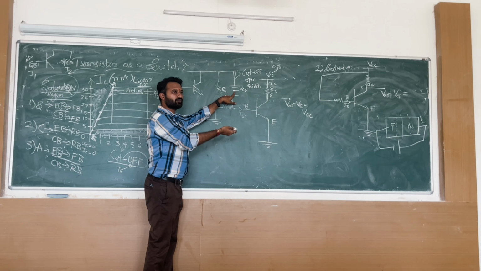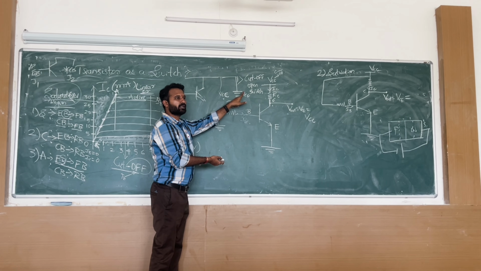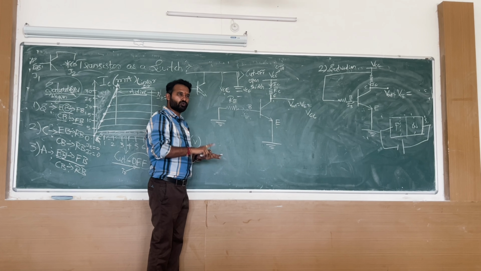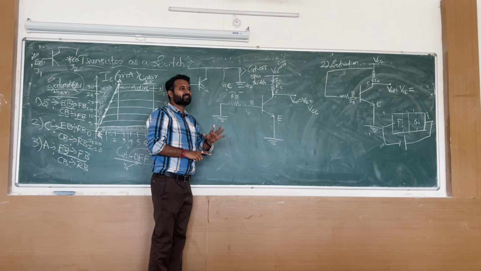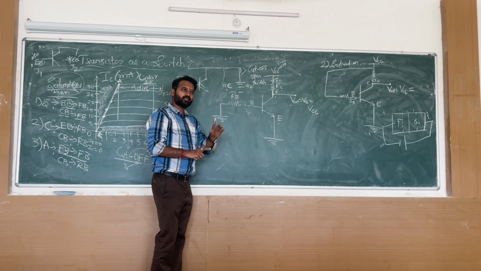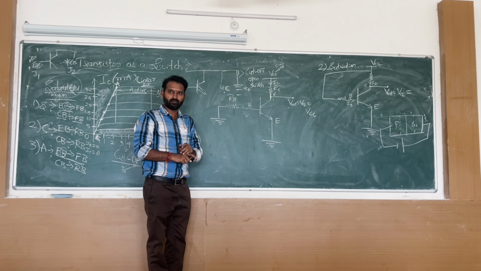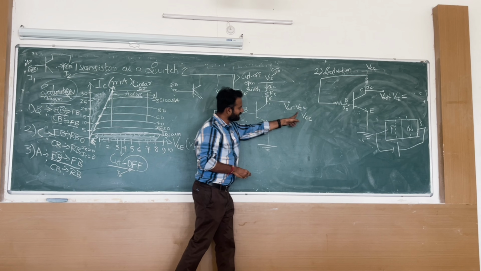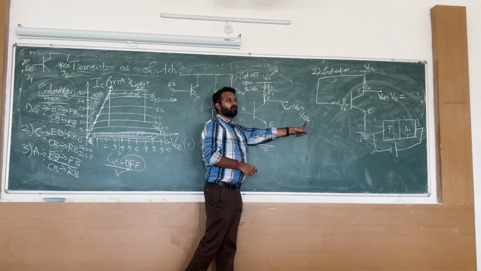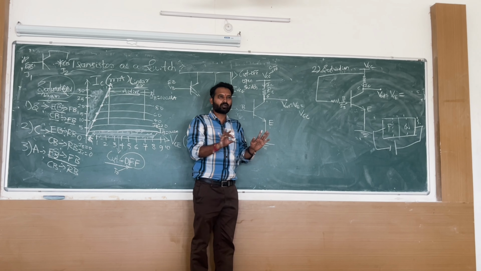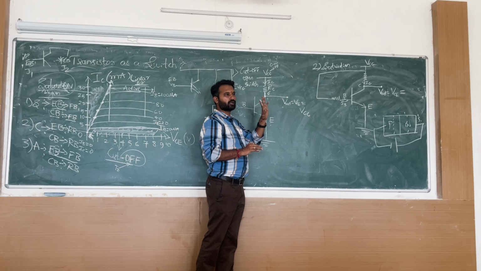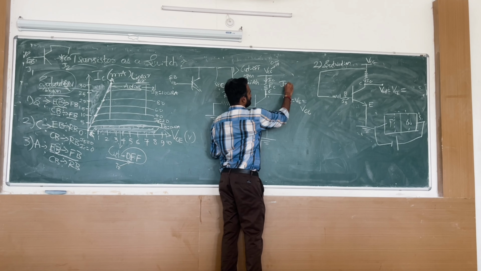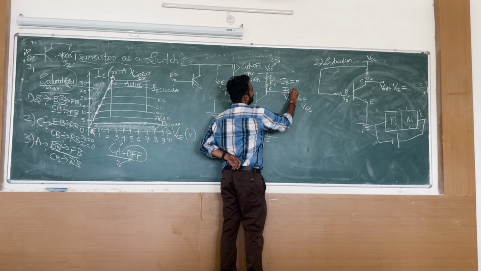In the circuit implementation, VCE will become VCC. We increase VCE 1, 2, 3, up to 10. Have you seen a regulated power supply? The maximum we give is 0 to 10. That is VCE becoming VCC. But there is no current flow in the transistor. In the cutoff region IB is 0 and IC is also 0.